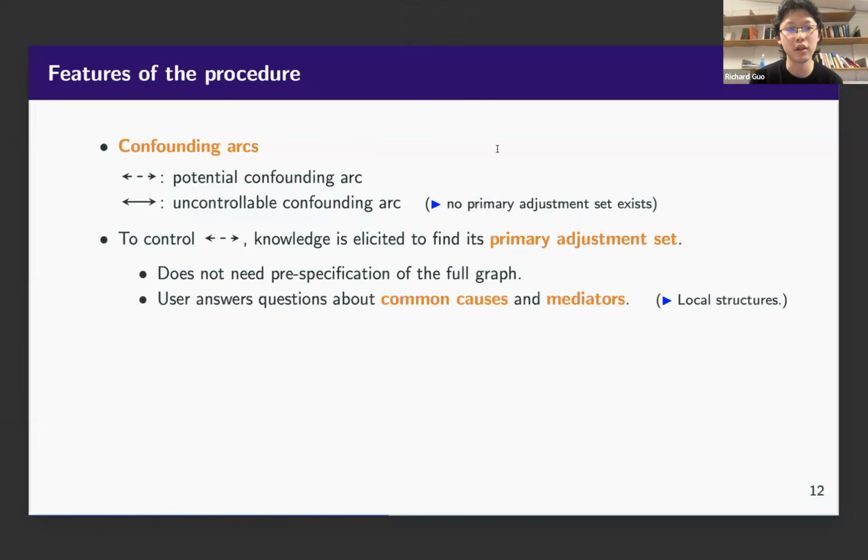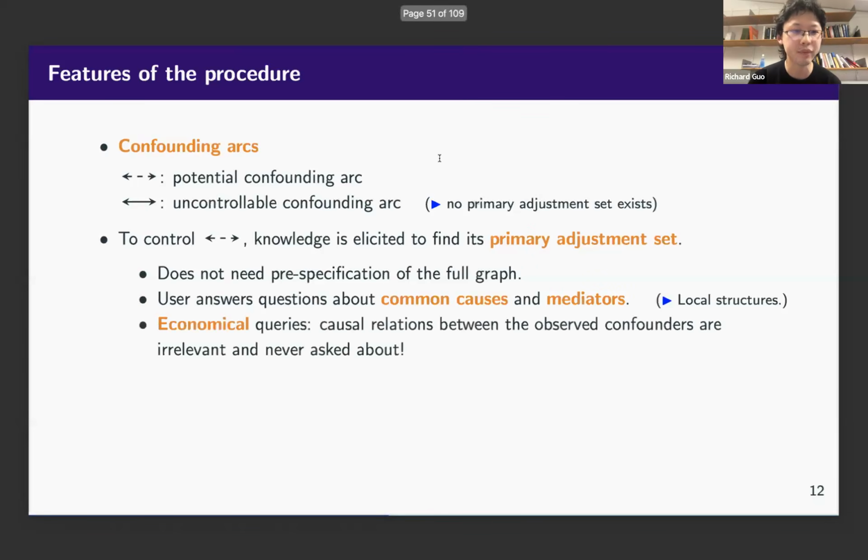To answer the questions, the only things you need to reason about are common causes and mediators. These are things you can reason about with local structures and not global structures. And the queries are designed to be economical. What that means is that we only query information that is needed for the task. For example, the causal relations between those observed confounders, we never ask about them because they're irrelevant to our task of confounding selection.